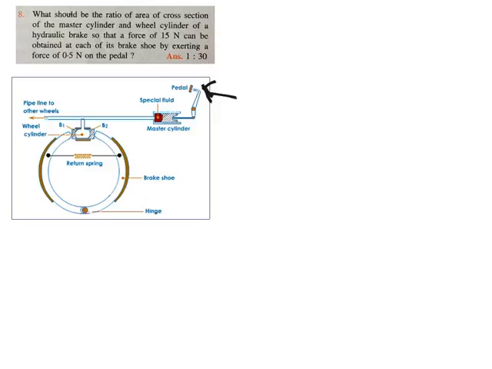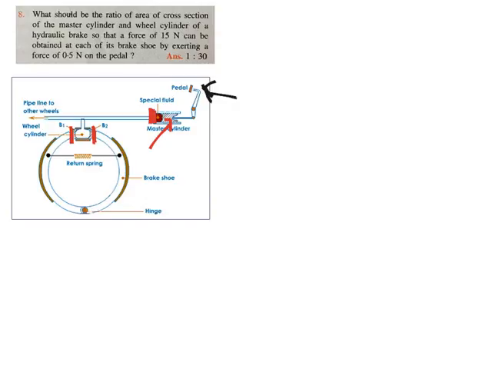So now what they are asking is, what should be the ratio of the pistons actually, what would the ratio of the areas of cross section be, how much would be this portion and how much would be this portion.